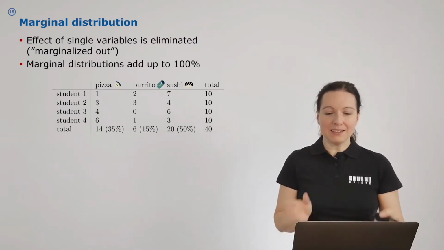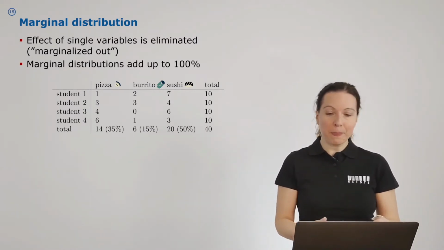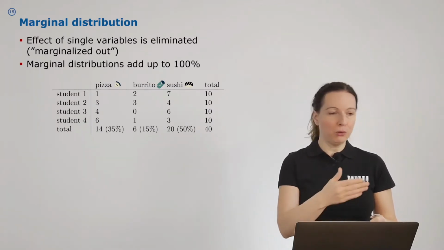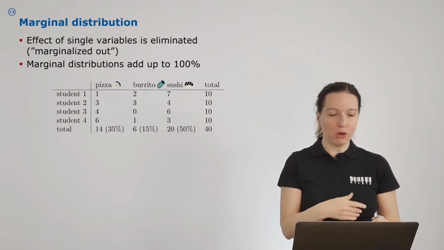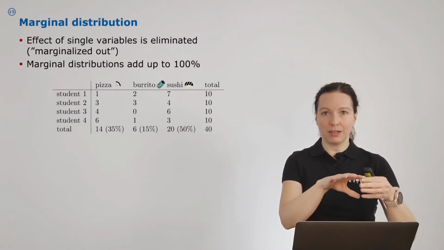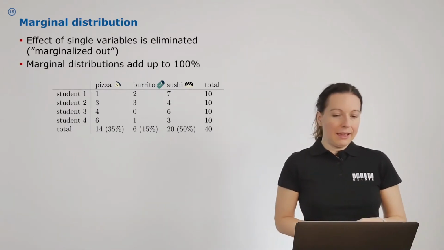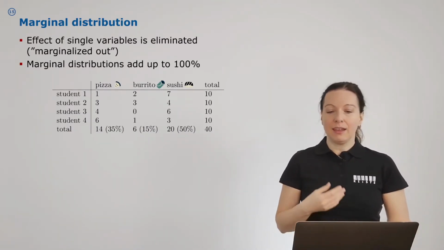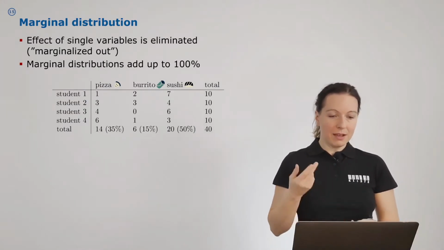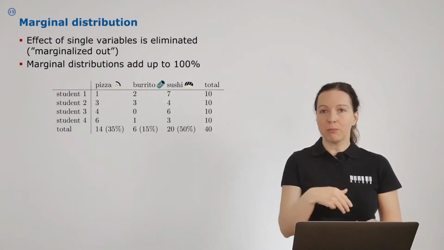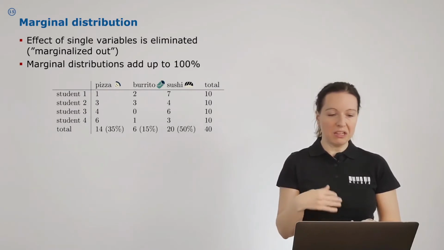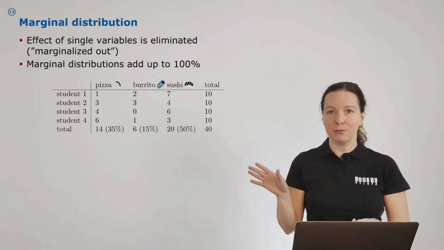That means the type of food is important, but not the single student, because you do not want to order for everybody. You only want to order food as a group. And what you do is you indicate your preference for pizza, burritos, and sushi from 0 to 10. So 0 is not good, 10 is super good.